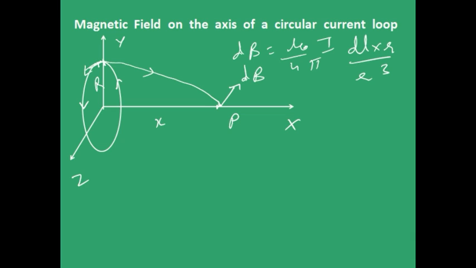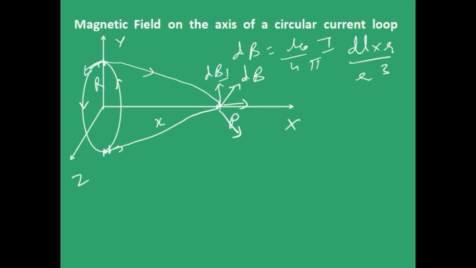Now observe carefully, this dB I can resolve into two components, one perpendicular and one parallel to the x-axis. dB perpendicular is here. Now let me take one more element here, dl, which is diametrically opposite to the first element. Here the dl vector is in this way and the radius vector is this one, and again by right hand rule I get my dB in this direction.